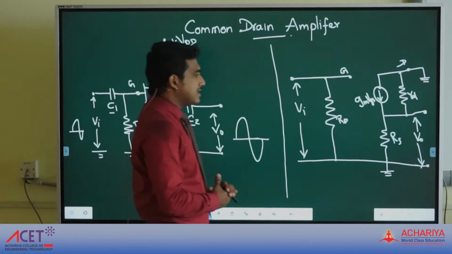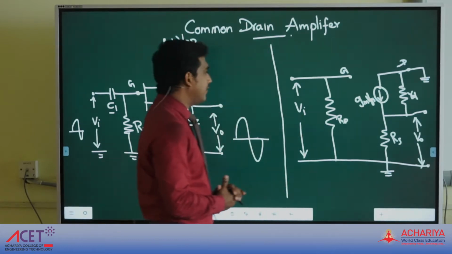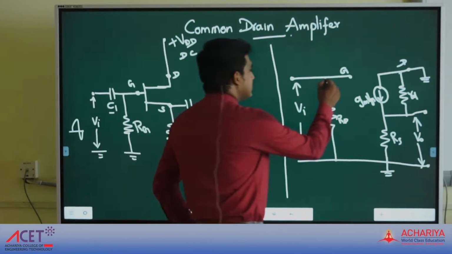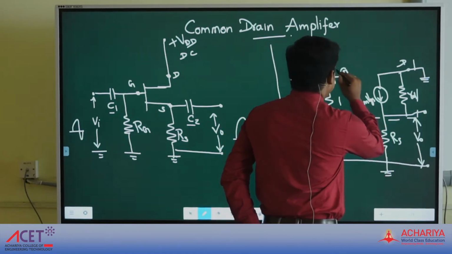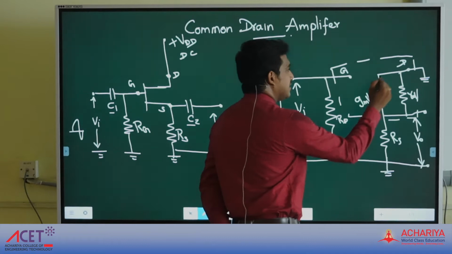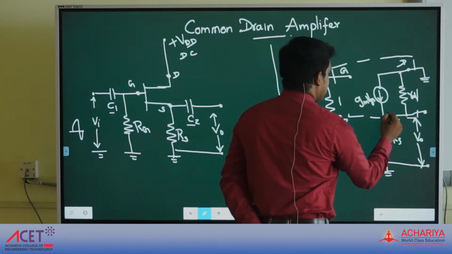We have drawn this AC equivalent circuit using the FET hybrid model. This is the FET hybrid model: this is the gate terminal, this is the drain terminal, this is the source terminal.